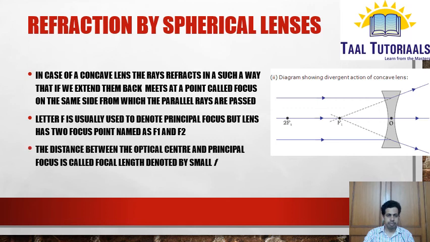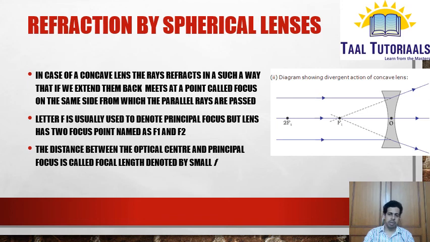The distance between the optical center and the principal focus is called the focal length and it is denoted by the letter small f. So you can observe the distance between O and F1 is called the focal length. The same thing we have studied in mirrors also, I think you can recall that. In mirrors also the distance between the pole and the focus is called the focal length.